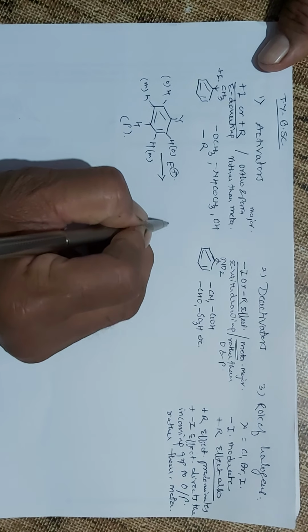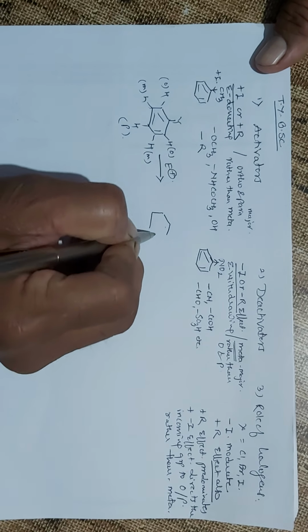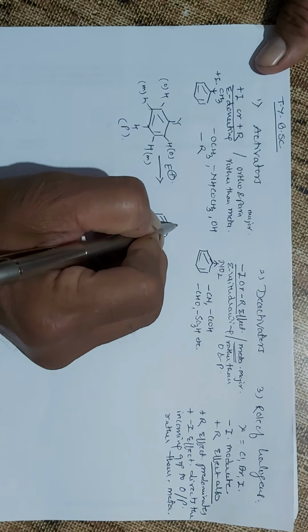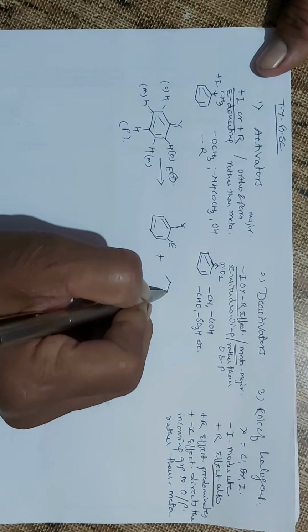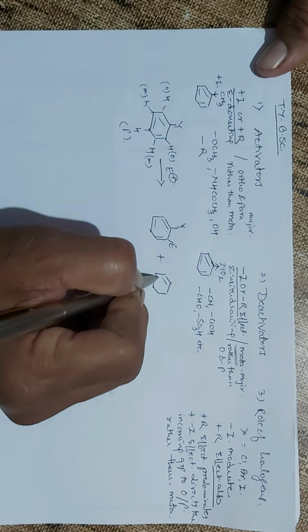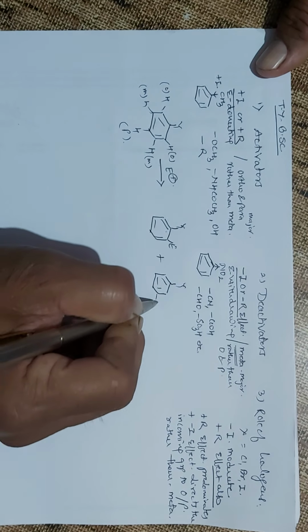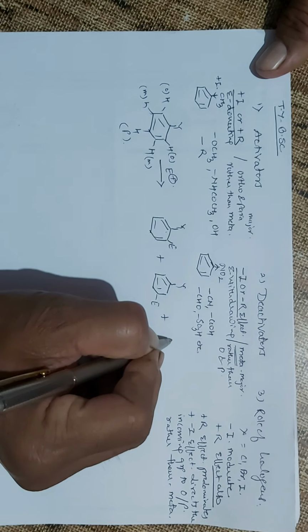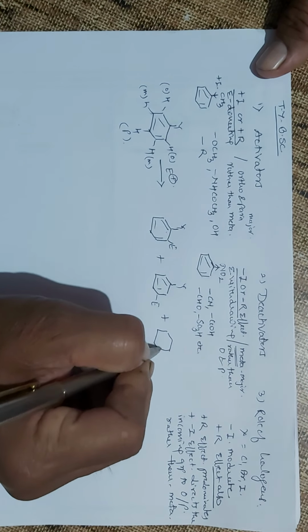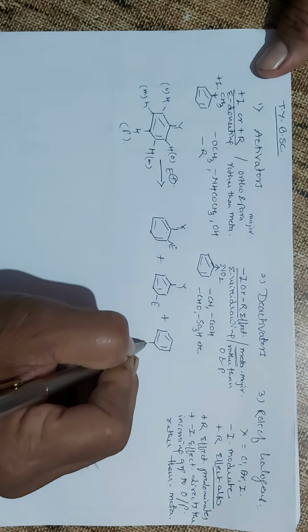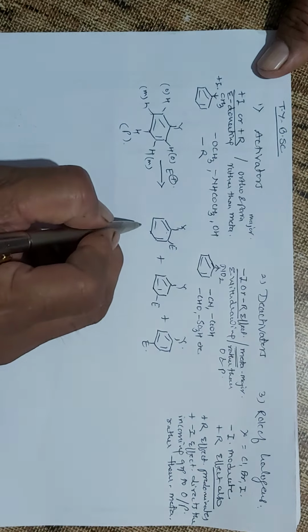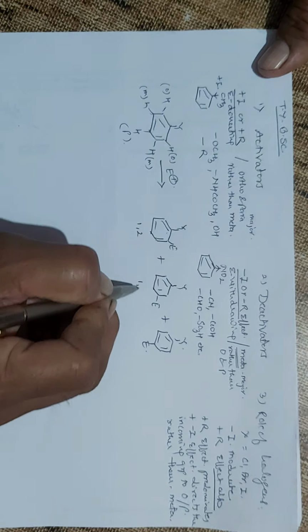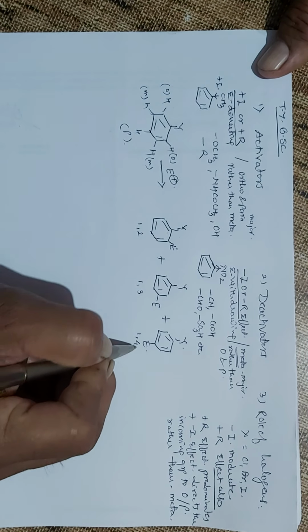And so here the electrophile may acquire the ortho position and give you an ortho disubstituted product, or it may go to the meta position, or it may go to the para position. So depending on this, this is your 1,2, 1,3 situation and 1,4 situation.